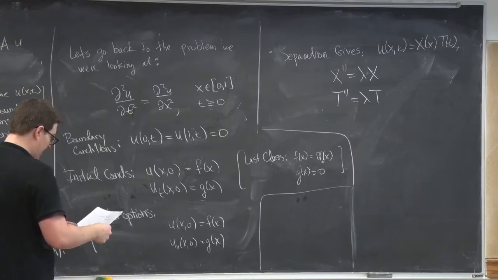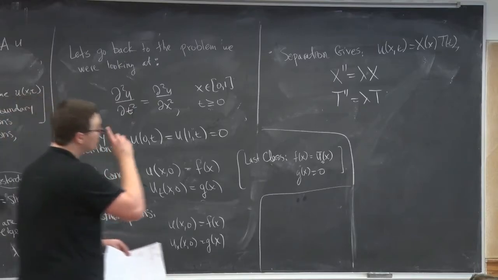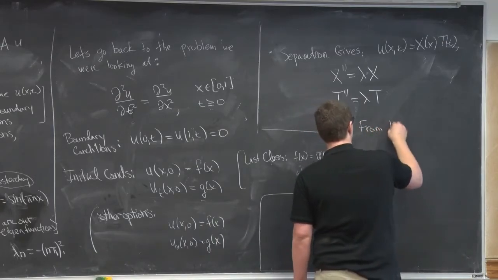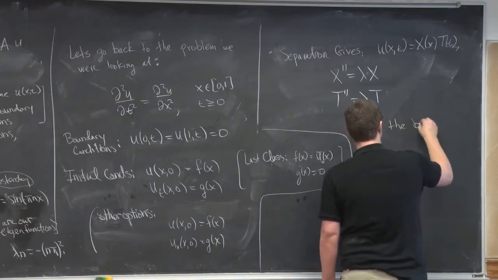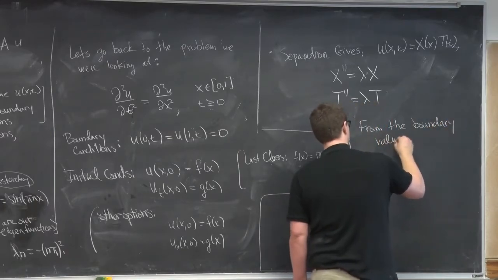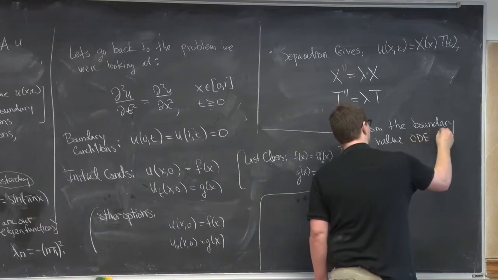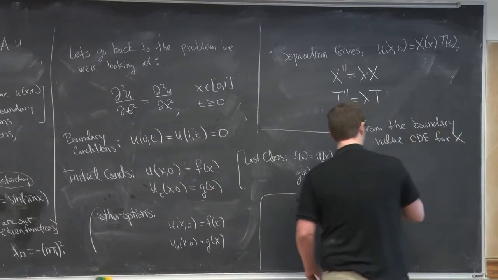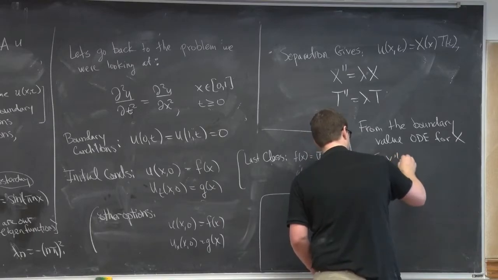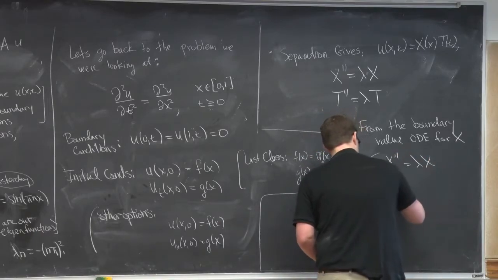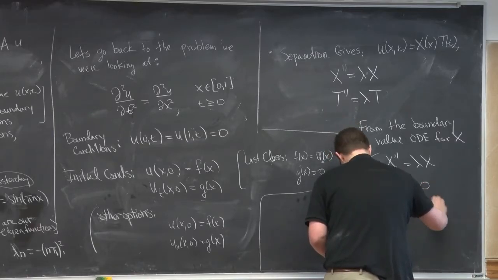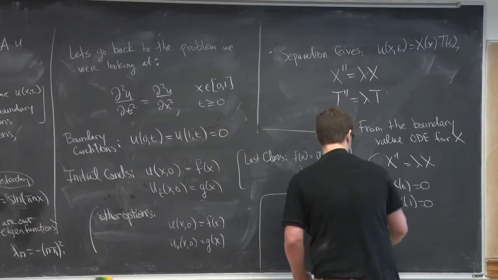From the boundary value ODE for capital X, we derived this equation, and then we had X(0) equal to 0 and X(1) equal to 0.